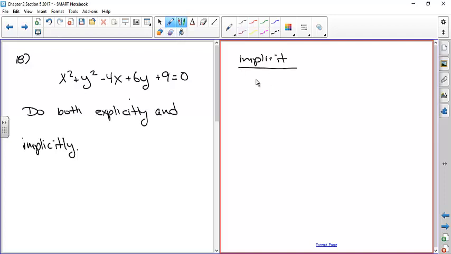So if you take the derivative with respect to x of this expression, you take the derivative with respect to x of every term.